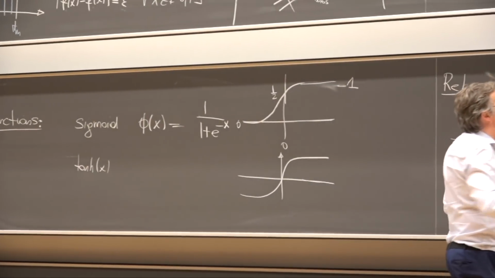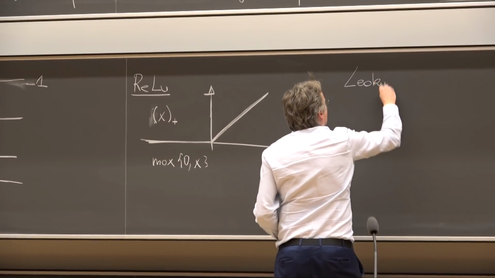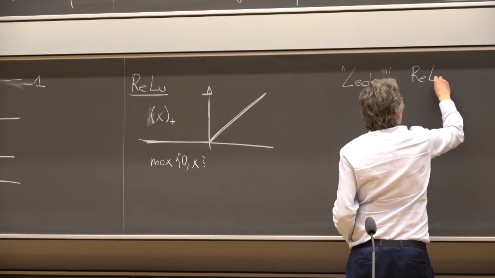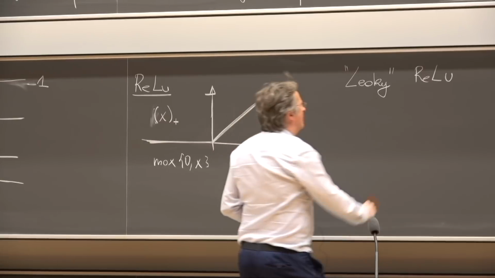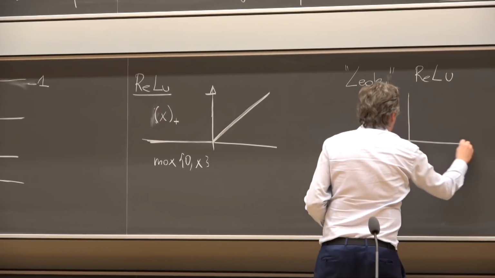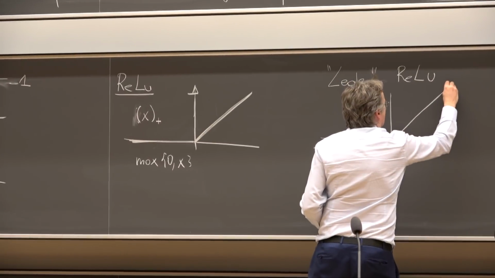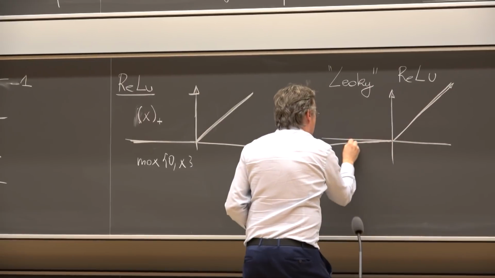Sometimes you can do small variations. For example, there's a leaky ReLU. Leaky ReLU is essentially ReLU, except that you also build in a small slope. This is the same slope 1 here, and then you build in a small slope.